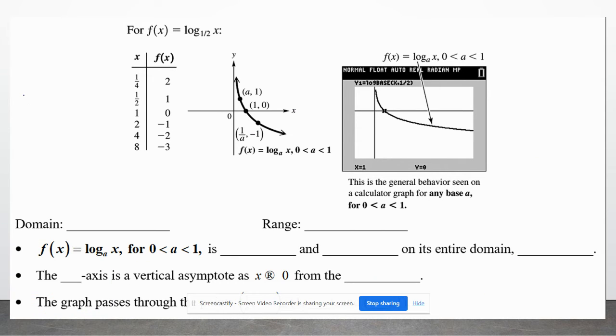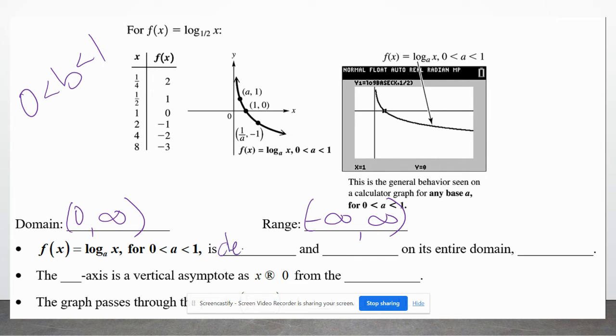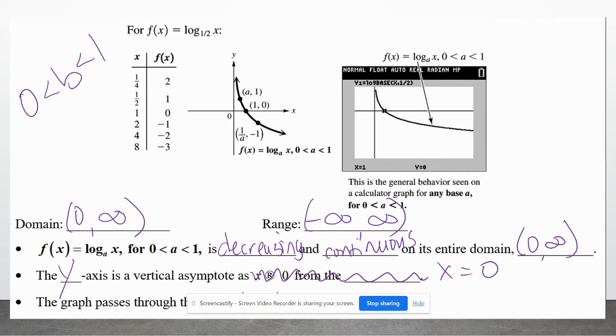For our base between 0 and 1, we still have a domain that starts at 0 to infinity. Our range is still negative infinity to infinity. This graph, though, is decreasing from left to right. Continuous, because I don't have to pick up my pencil to draw it on the whole domain. We still have our y-axis as the vertical asymptote, which is x is equal to 0.